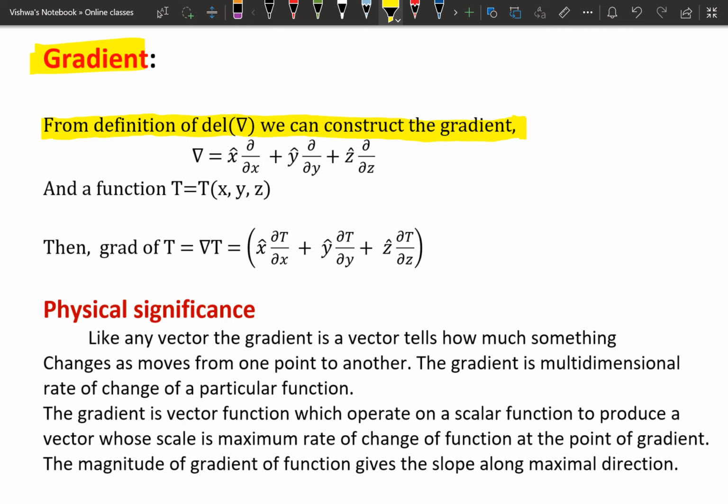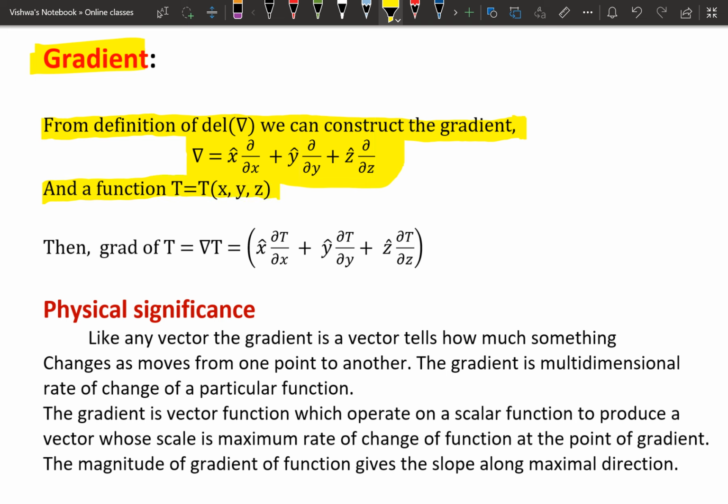The del operator is given by del equals x cap dou by dou x plus y cap dou by dou y plus z cap dou by dou z. This is the important term, please keep it in mind. Next, on which function does it operate? The function is T equals T of x, y, z.